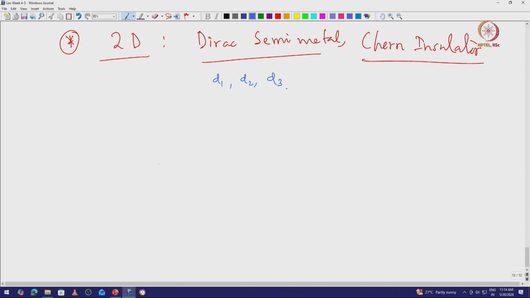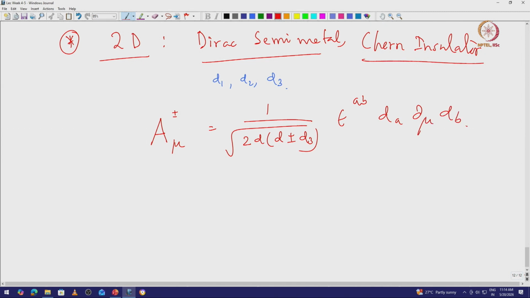Okay. So, let me not repeat everything, but the essential things. That is, A plus minus mu is equal to 1 by d, d plus minus d3 square root, epsilon a b dA mu dB, okay, which is equal to sin square theta 1 plus cos theta plus or minus, okay.